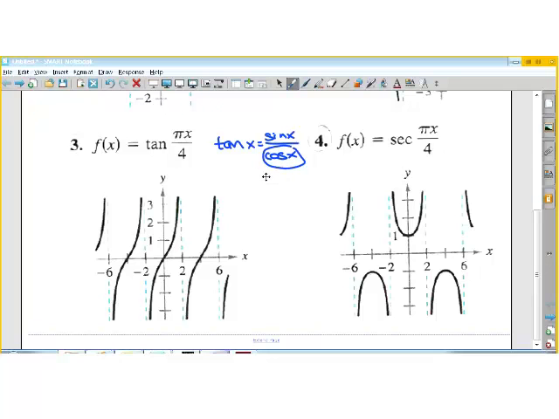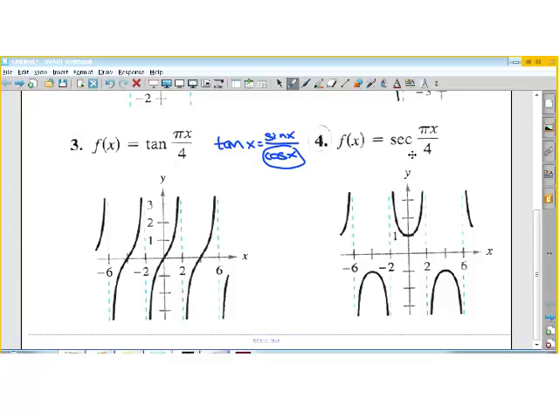And that happens when, well, here that's pi x over 4, so it happens at these values of x, -2 and positive 2.